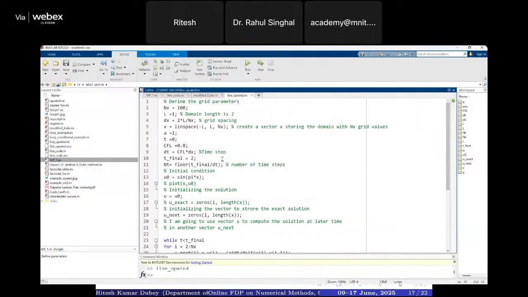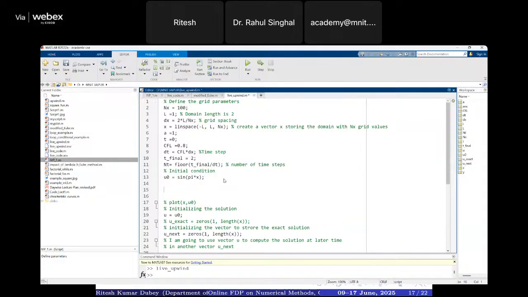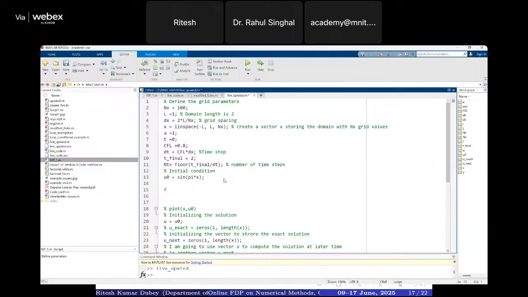So this is the way we can write the code. You can actually change the initial condition also. So this is the first initial condition. We can change the initial condition.